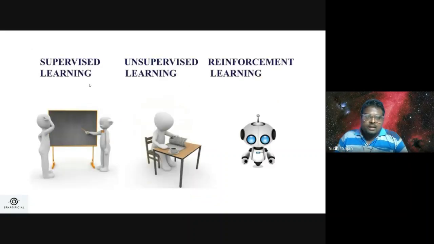And simply how can we understand these three? Take supervised learning. See, there's a blackboard, a professor, and a student, and on the blackboard there's the content. What is happening there? The professor is teaching the content to the student.